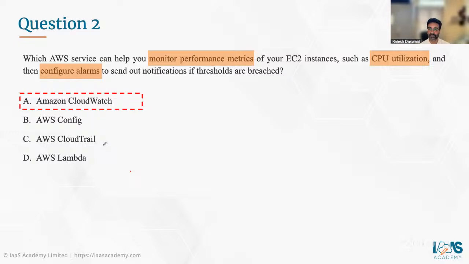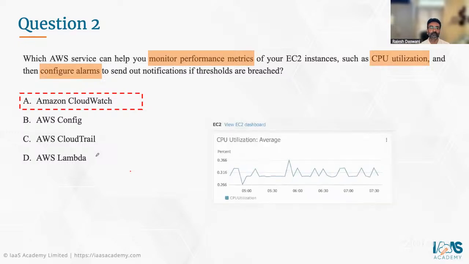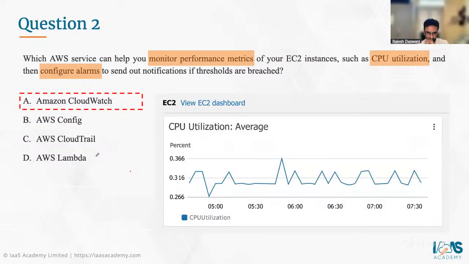CloudTrail is for monitoring API activity: who logged in, when, from which location. And Lambda is a serverless compute service that allows you to execute code in response to an event or a trigger. That's the CloudWatch dashboard there showing you the CPU utilization, for example.